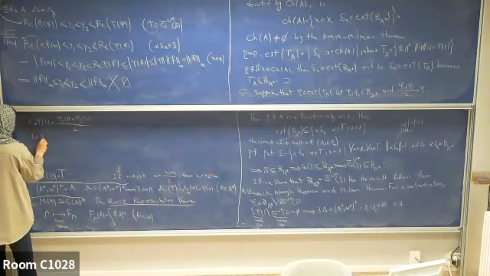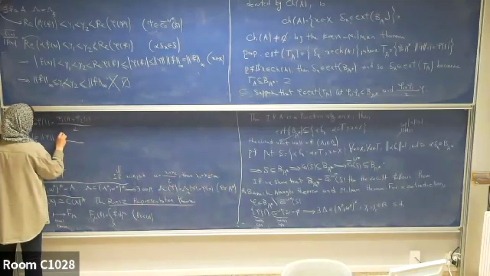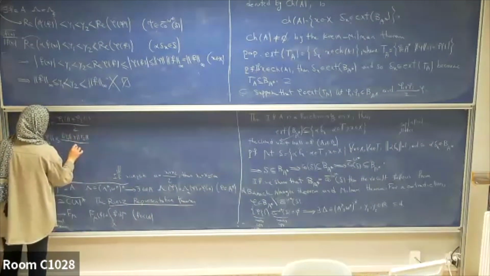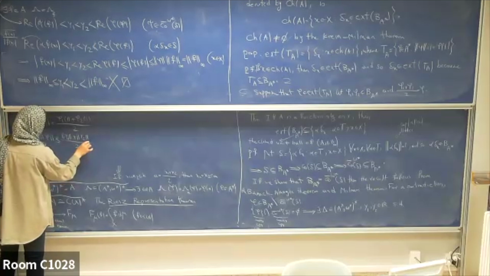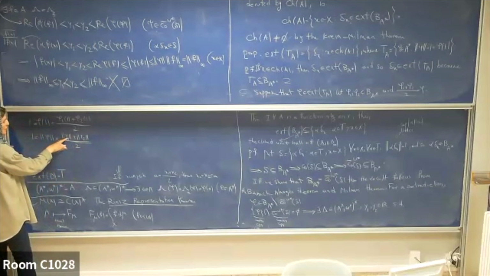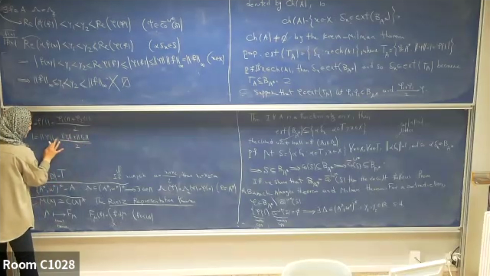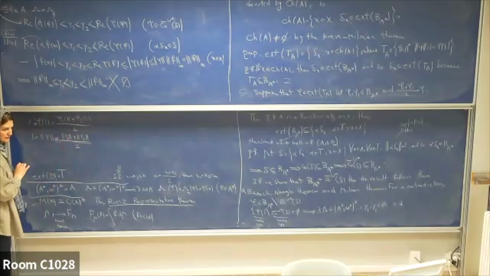And of course, for the norm of phi, we can say that this is at most norm phi1 plus norm phi2, over 2. But each of them is at most 1, so it is at most 1. Anyway, so I can put an equation.